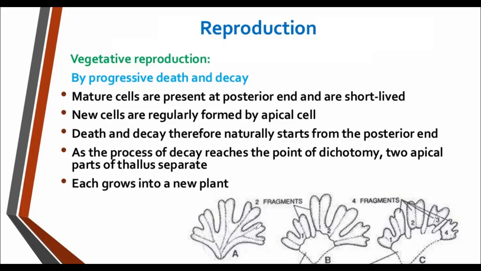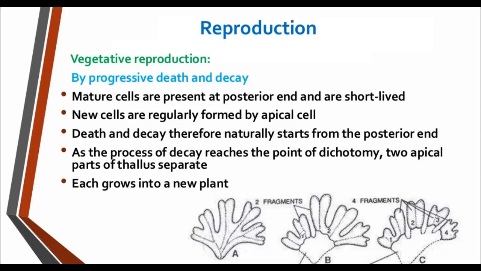Hope you understand. The thallus has older cells and newer cells. Newer cells are always found on the apical end, and the older cells are found in the posterior end. As the older cells die and decay, the newer part, which undergoes dichotomous branching because of the presence of the notch, develops into a new plant body.